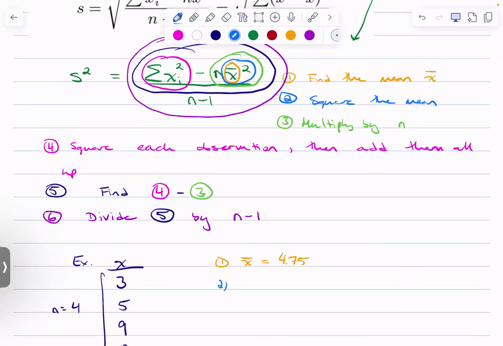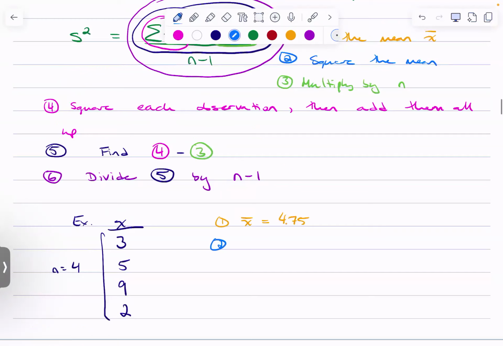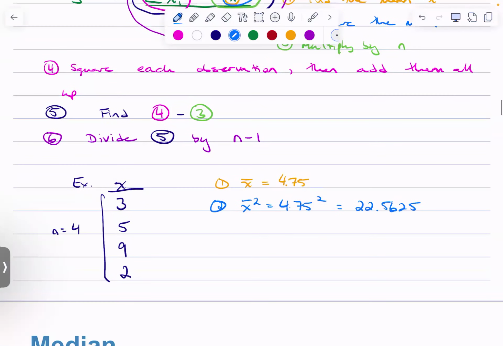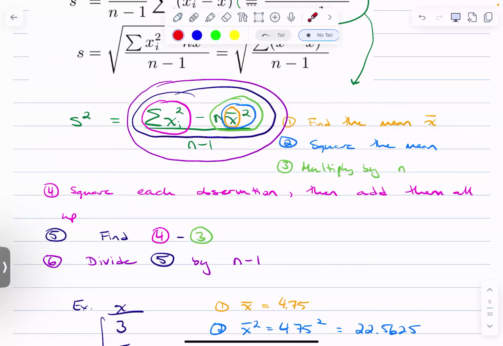Step 2: square the mean. X bar squared is 4.75 squared, which is a little bit bigger now: 22.5625. That's step 2 done. Step 3, multiply by n. So here I found my mean, I squared it, I multiply by n.